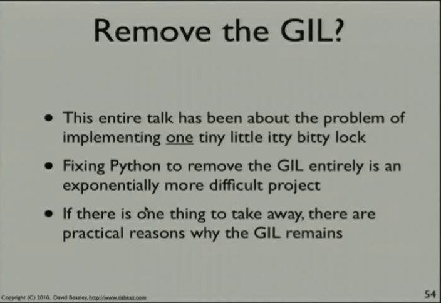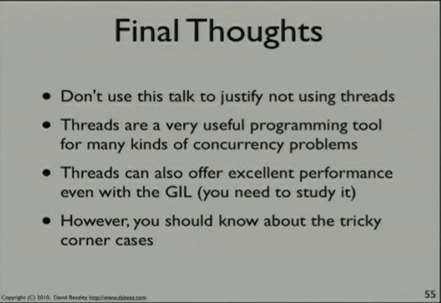But if you look at everything going on with this global interpreter lock, with multi-core, threads, priorities and thrashing, and then you think about taking the GIL away entirely, the whole interpreter is going to be exponentially more difficult to write and keep track of. This is not an easy problem.